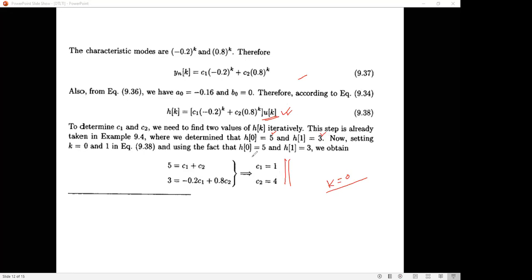These two equations can be solved to find the values of C1 and C2, because you need to know at least two values of your SK to find C1 and C2, isn't it? Yes, sir. From where can that be done? From your earlier equation, from your input output relationship.